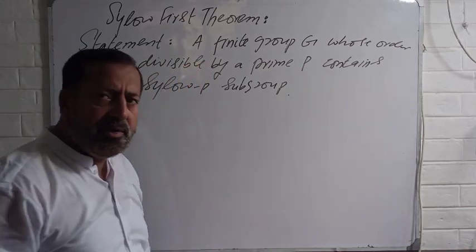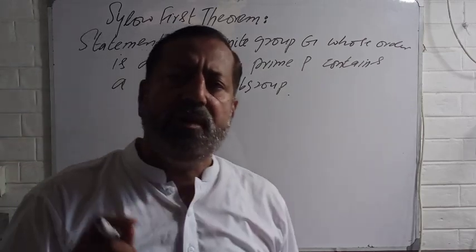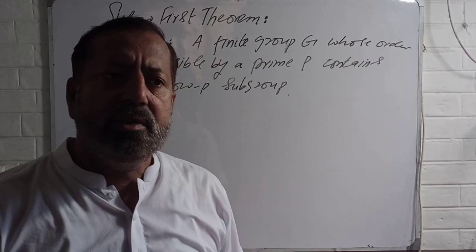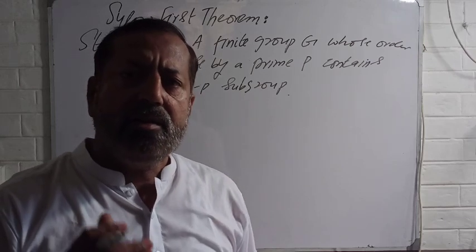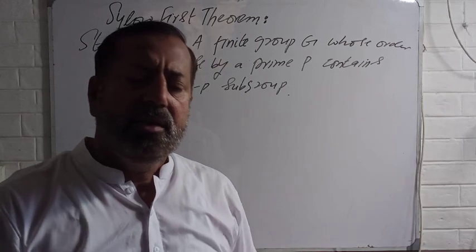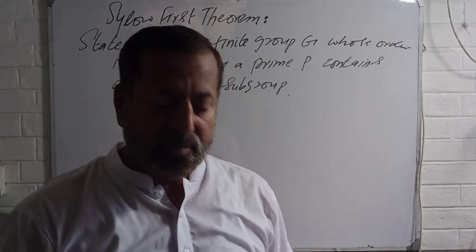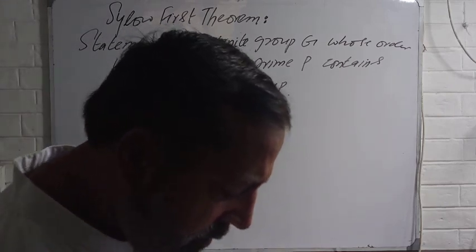Very simple definition. Suppose G is a finite group. Let the order of G be equal to n. If any prime P divides the order of G, then that group G must have a Sylow-p subgroup.